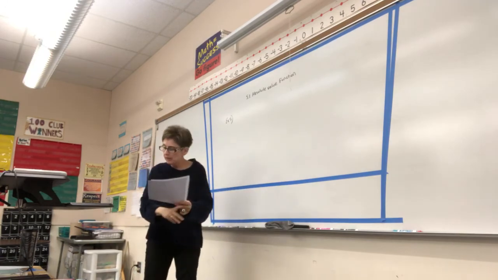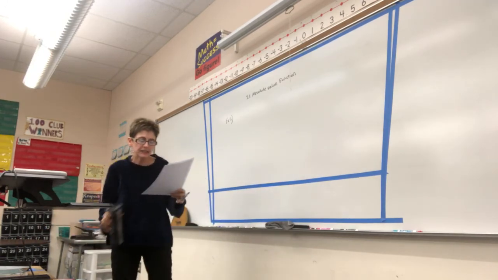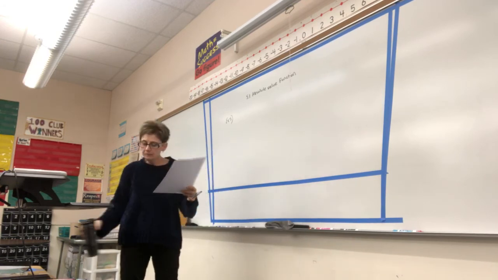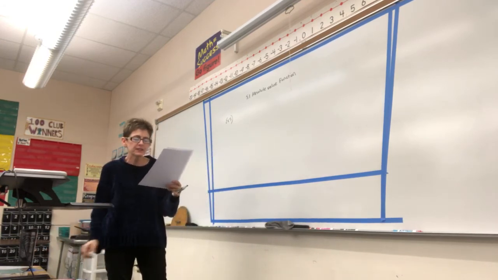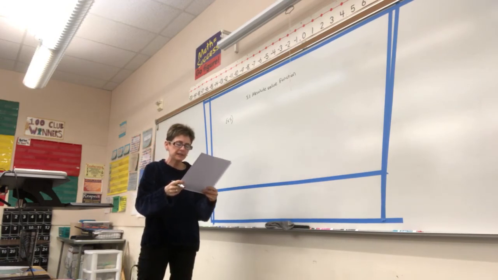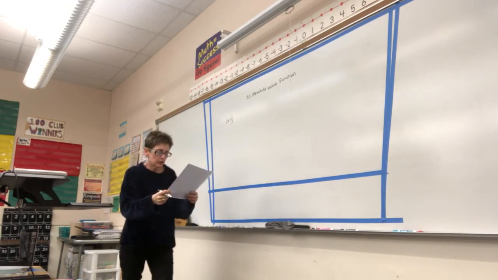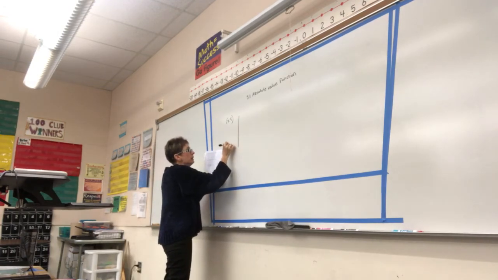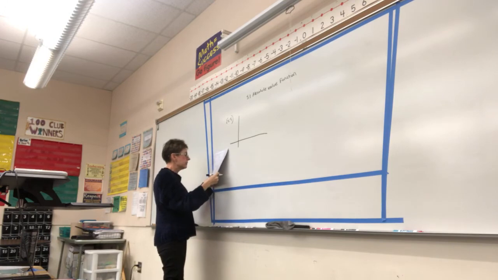It says a bus is traveling between two cities that are in neighboring states. The graph shows the distance of the bus in miles from the state line. So I'm going to show you a picture of the graph here. This is a little harder to do, obviously, than if I was able to give you paper notes.